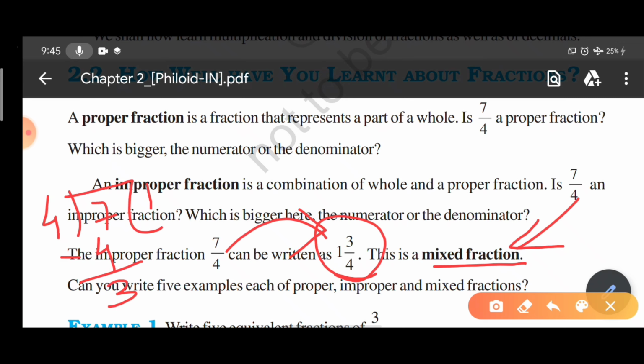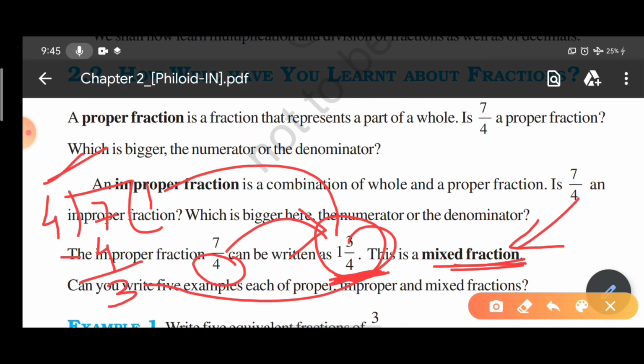So how have you written it? The quotient value, then the remainder value, and at the end the number 4 that was written in the denominator. In that way you can write an improper fraction as a mixed fraction. Can a proper fraction be written in mixed fraction form? No, we will not write that.